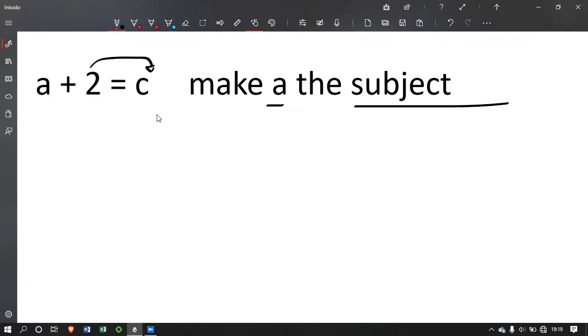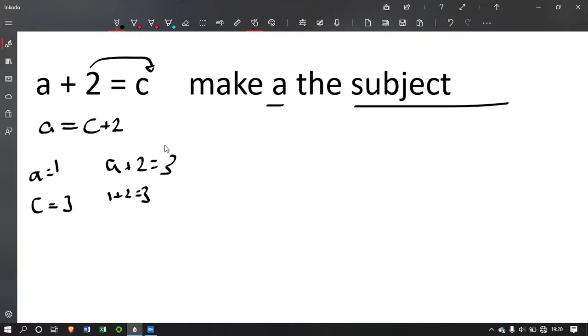So let's do that. Let's simply, just for argument's sake, put the 2 onto the other side and say this would be the subject. Now I know this is wrong, but let's say it wasn't. Why would this not be wrong? If we substitute numbers, for example, we could say A is equal to 1 and C is equal to 3, then we could say A plus 2 is equal to 3, or 1 plus 2 is equal to 3.